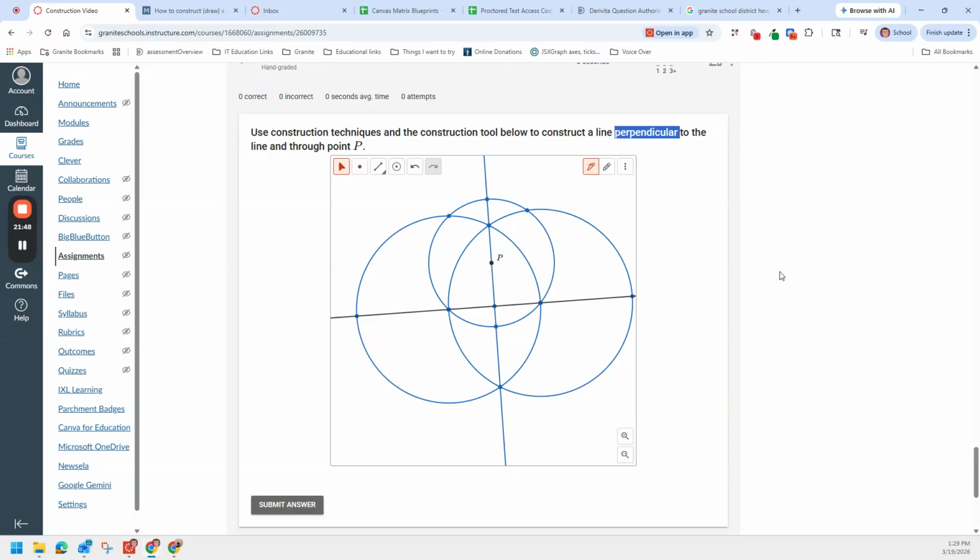Remember how we are going to use these circles and lines in different ways to create different figures. Think about what it's asking you to do and which of our tools and which of these skills that I've shown would best help you to do it. I haven't covered every single possible construction out there, but I've given you the basic tools that you can combine in different ways to make the constructions it will ask for. Okay, good luck.